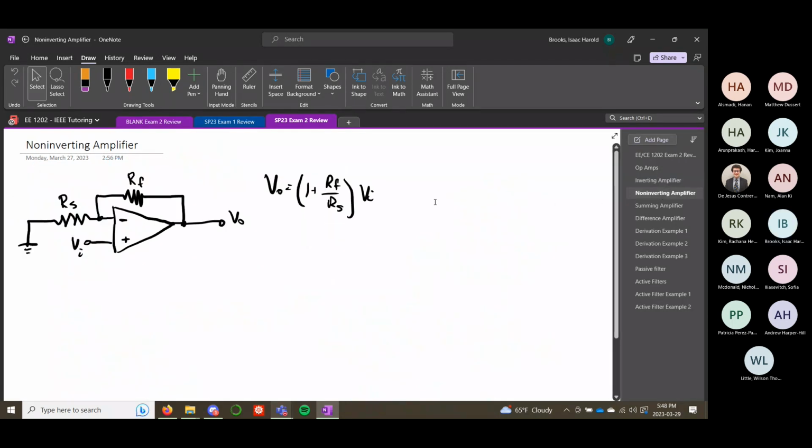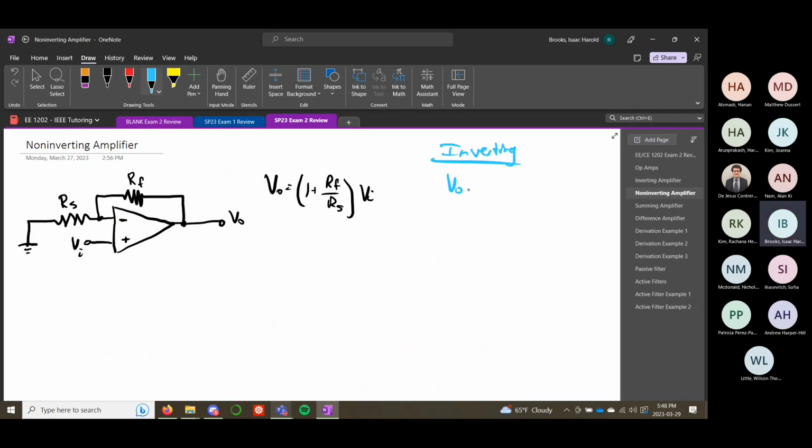So for the inverting, we had V out equals negative RF over RI VI. Okay, and this is the non-inverting. And let's say for the sake of argument that RF equals RS equals 1 ohm. Okay, so let's simplify these equations.